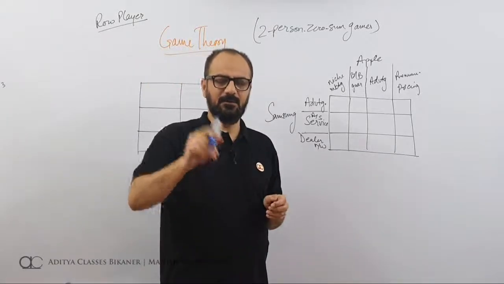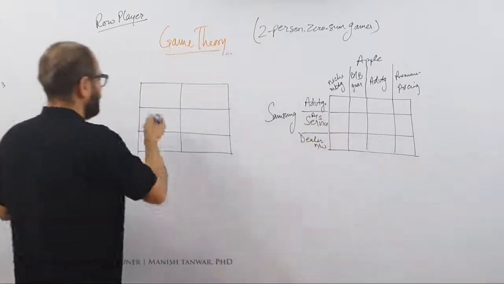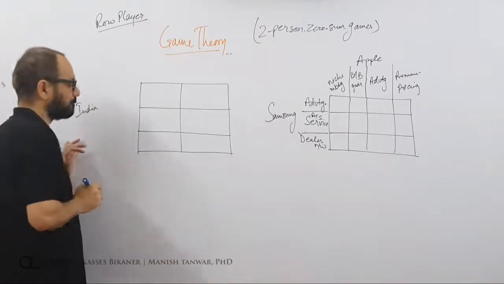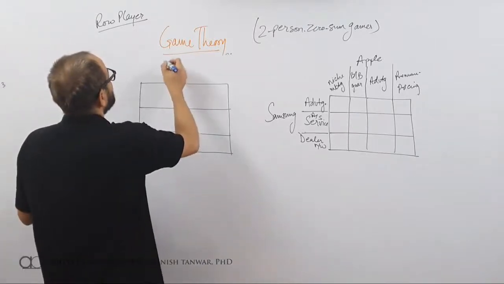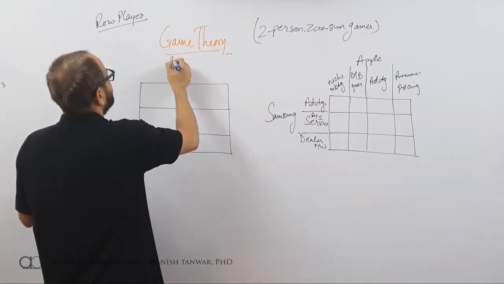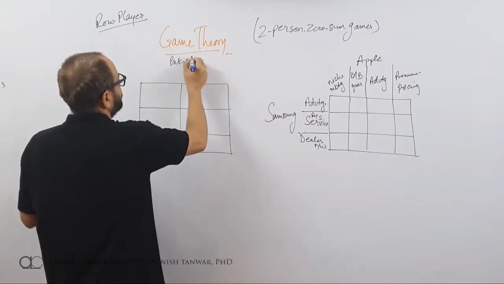We had 4x4 in the earlier case, we had 3x4 in this case, we have 3x2 in this case. Let us say this is India, and let us say this is Pakistan.